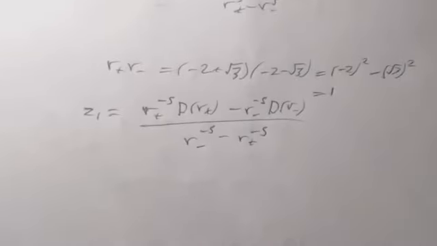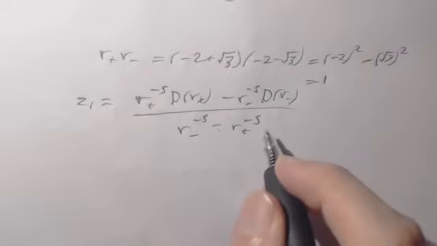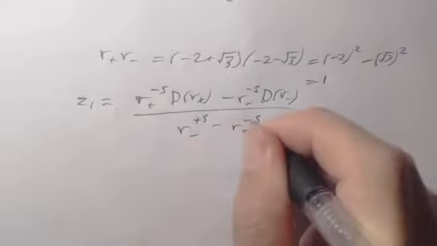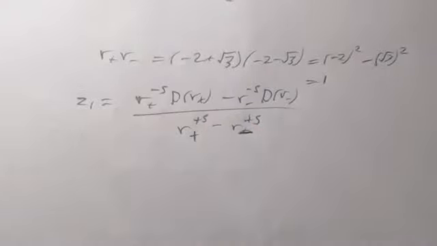And since r plus and r minus are inverses of each other, I can say this is actually r plus to the 5 minus r minus to the 5.